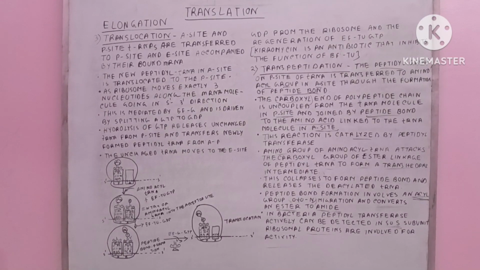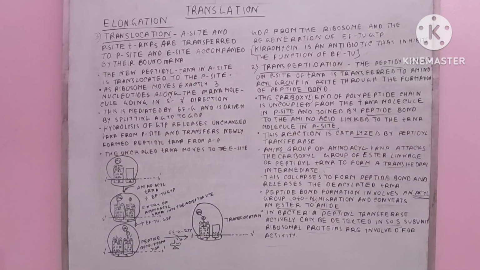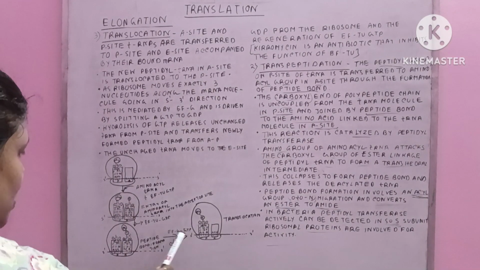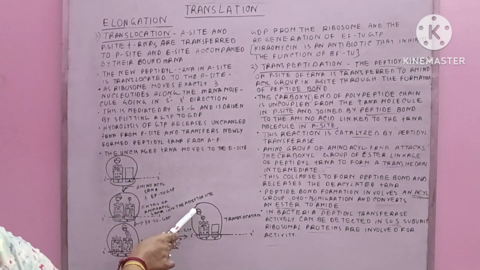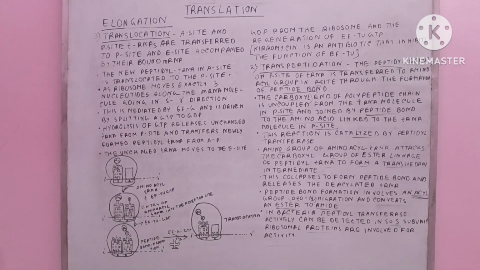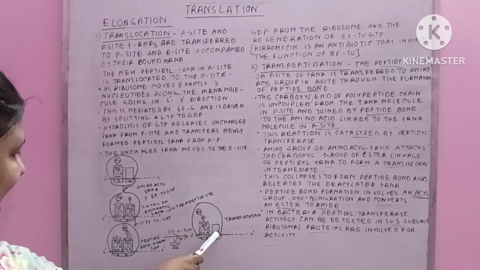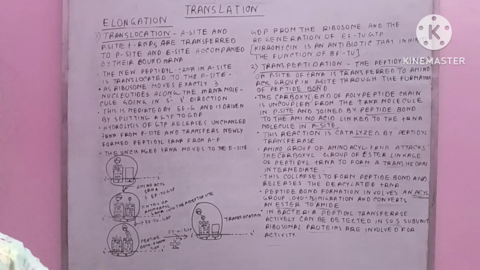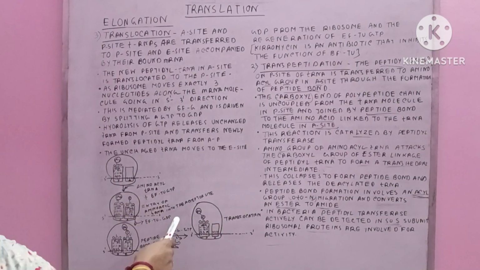This is translocated to the P site. You can understand now? It is translocated to the P site, and the peptide bond has already occurred between the F-mate and the T, and the A site is now completely blank. So another tRNA whose anticodon matches this codon can now bind here. Clear? So this is the translocation.